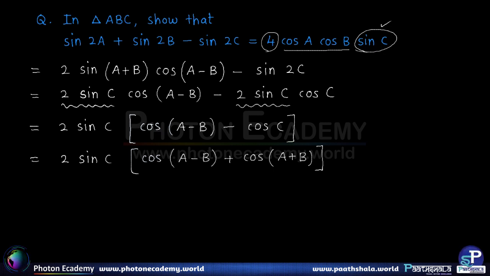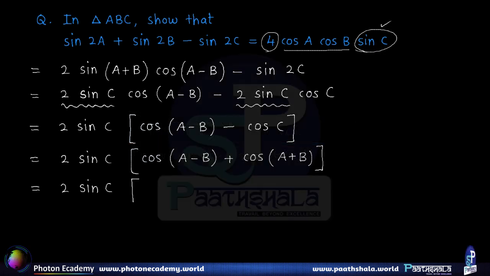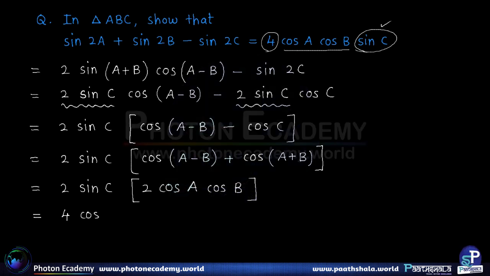And the bracketed terms are nothing but the right hand side of the defactorization formula for 2 cos A cos B. So at the end the final answer becomes 4 cos A cos B sin C, which is the required RHS. Let's go to the next question.